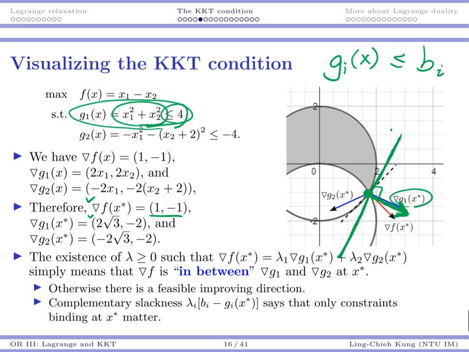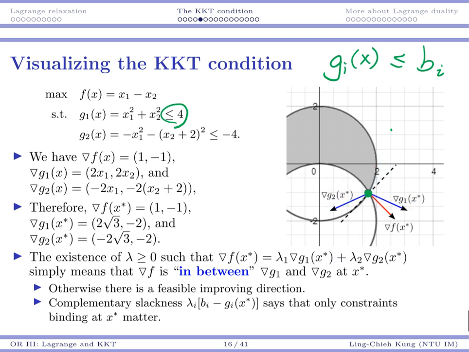So inside the circle is the smaller side. Outside the circle is the bigger side. Your gradient is the increasing direction. So in this case, necessarily, it must point toward your invisible part. I hope that makes sense to you. Okay, so that happens for g1 and also that happens for g2.